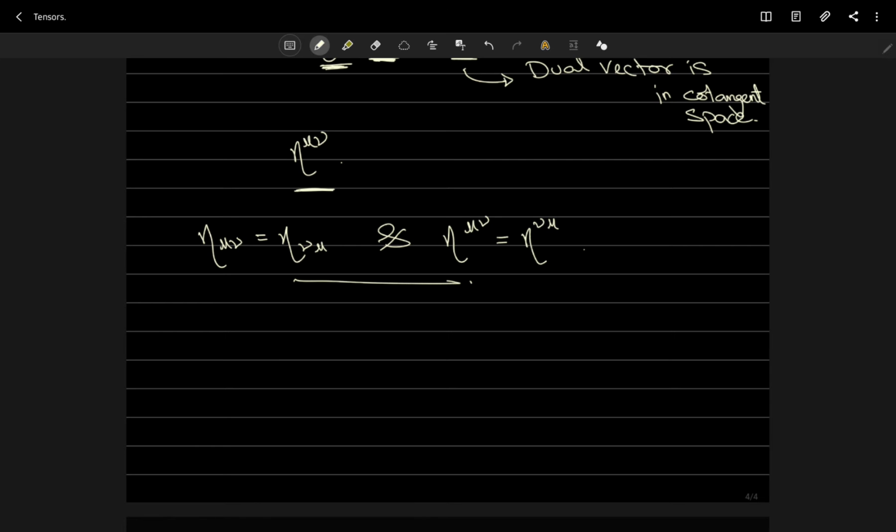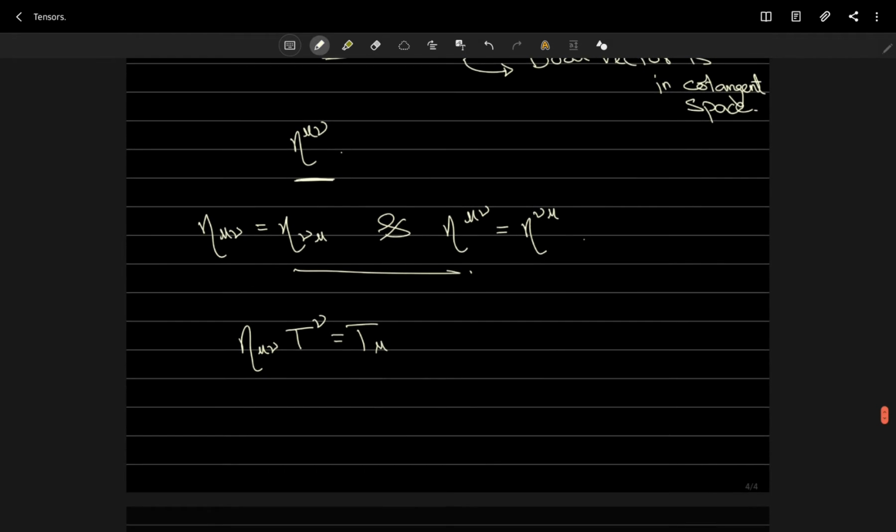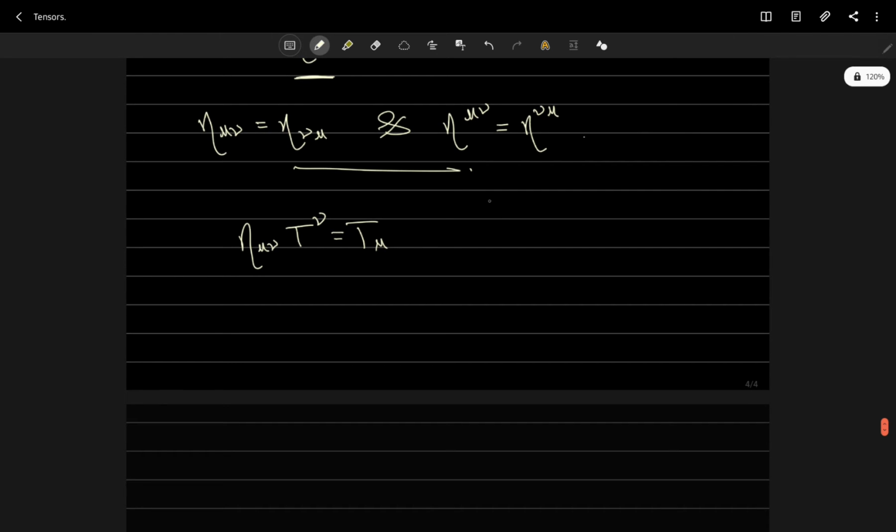However, a very important distinction is the following: if I have eta mu nu on a tensor t nu, it gives me t mu, right? As we have just seen over here. And if I have some m mu nu on t nu, it gives me h mu as well, right?